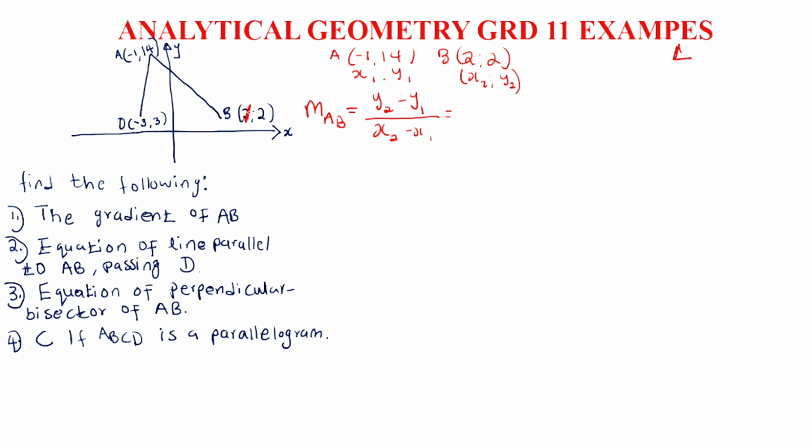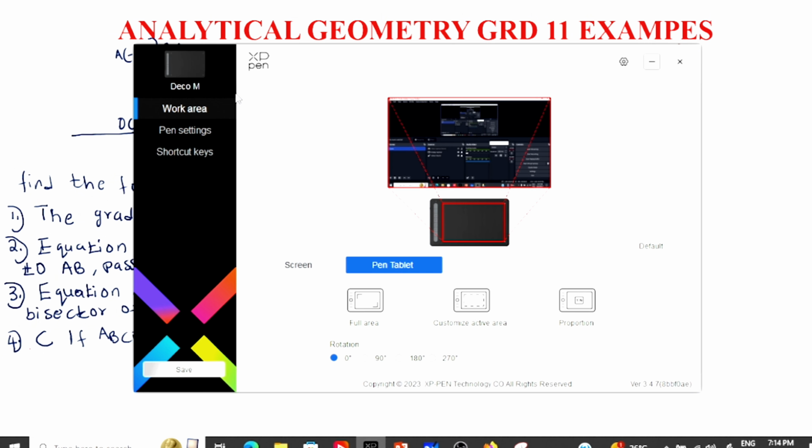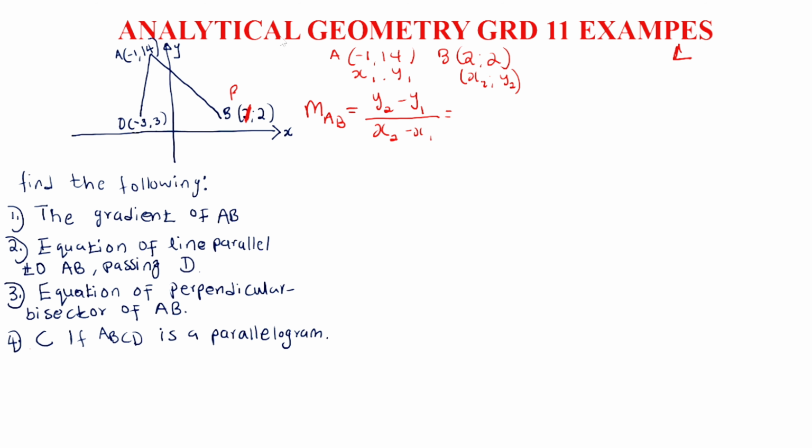This coordinate here is not 2. B is (5; 2), okay? Apologies for that, guys. Mistakes do happen. That's why I said pay attention to what you're doing. B is (5; 2). Right then, great stuff. We managed to get that one out of the way.